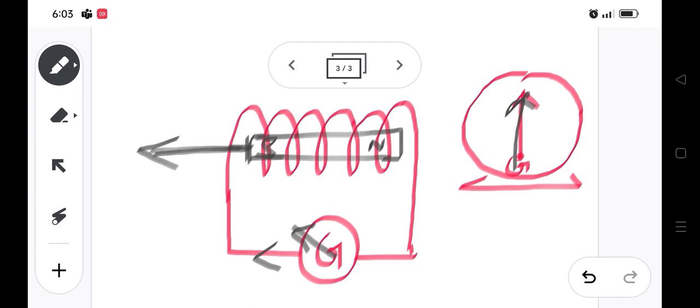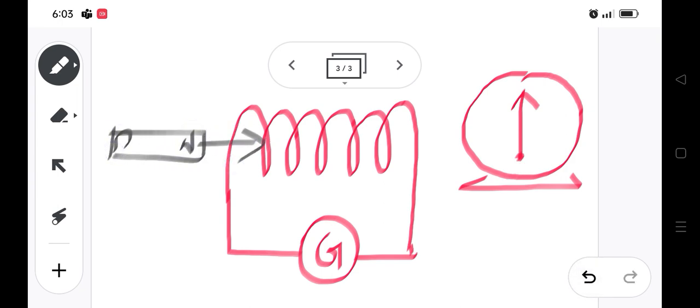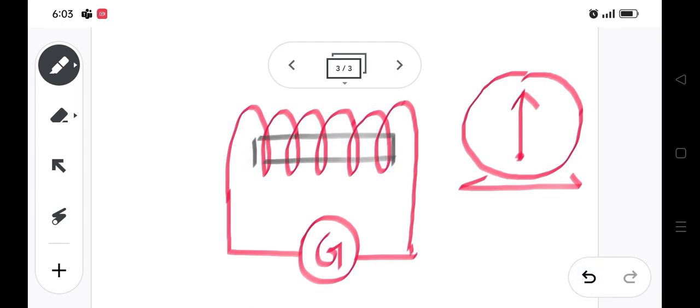So initially, when we inserted that magnet, the galvanometer needle deflects in this way, so current flows in this direction. After that, we put it inside and keep it as such.